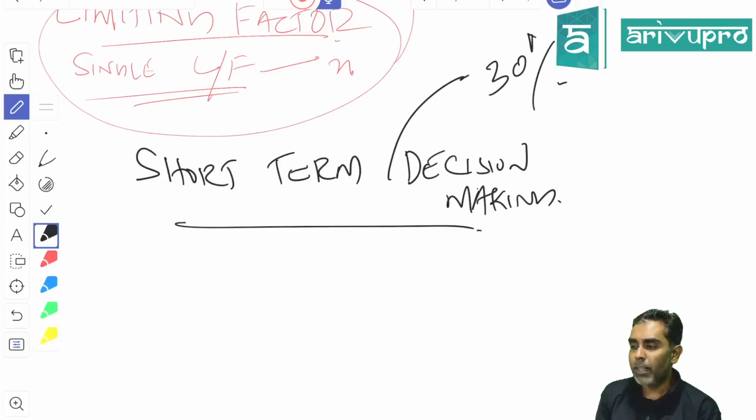When doing short-term decision making, the important thing to remember is that the marginal costing system is always used. I'll repeat again.